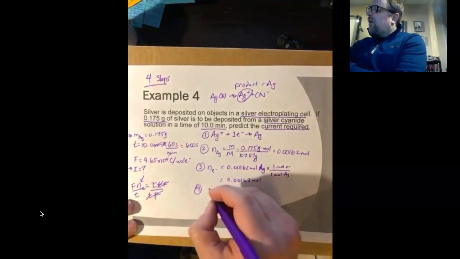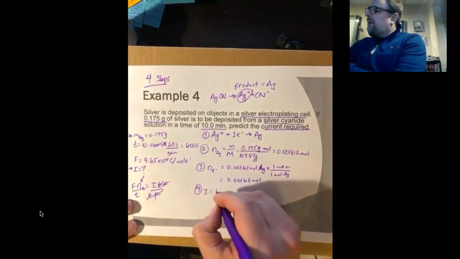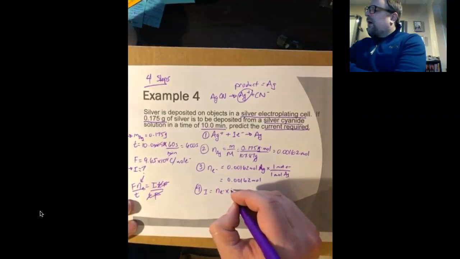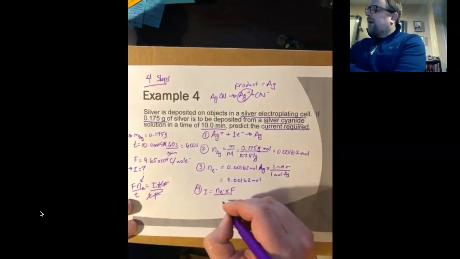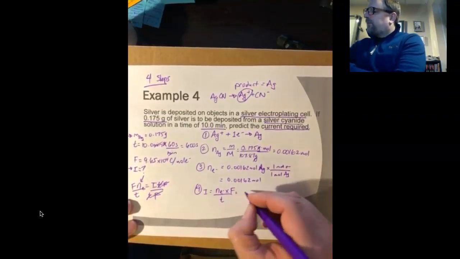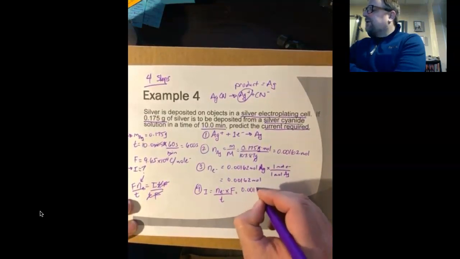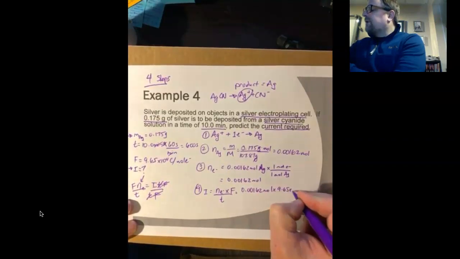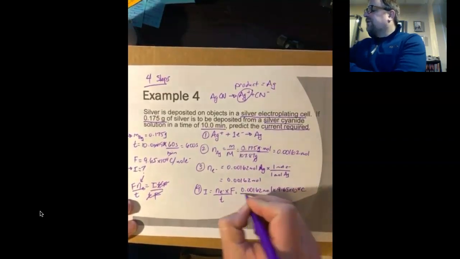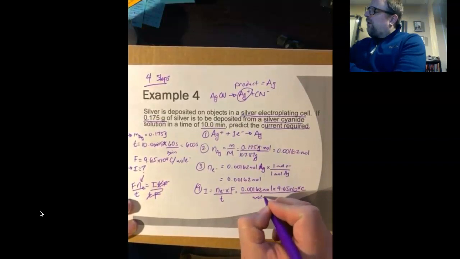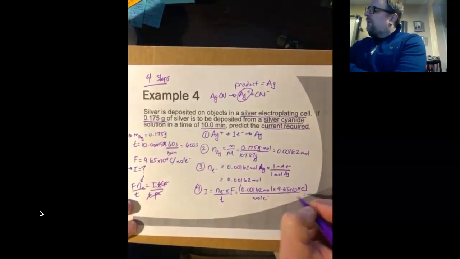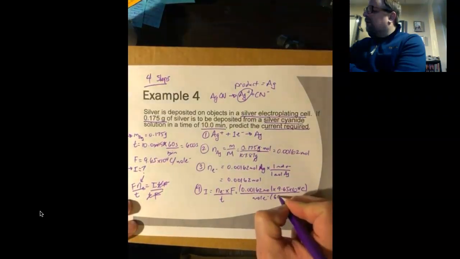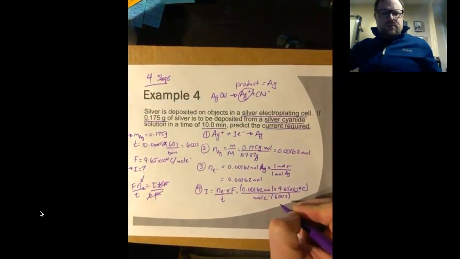So our current is going to be number of moles of electrons times Faraday's constant divided by time. So it'll be 0.00162 moles times 9.65 times 10 to the 4 coulombs per mole of electrons. And then we're going to have our time in here, which was 600 seconds.